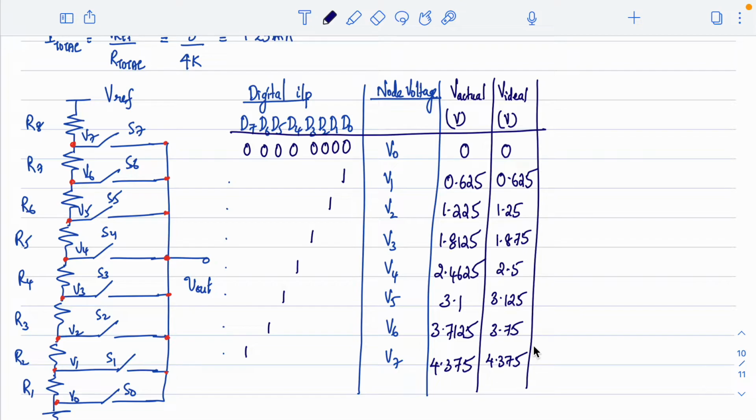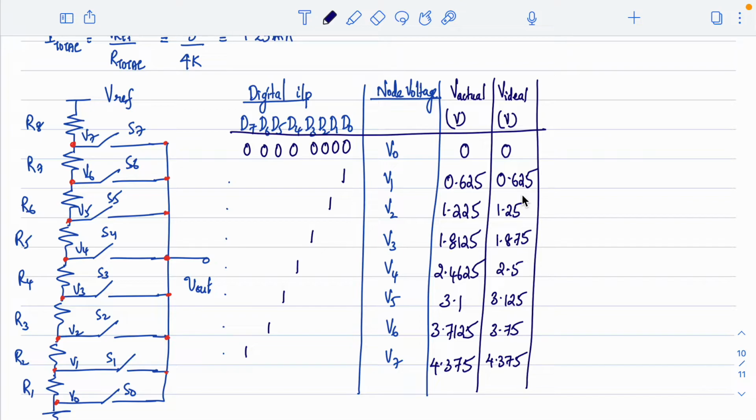To get the ideal values, once you write the first value, you can keep adding 0.625 to that, because ideally we expect uniform step height. So you add 0.625 and write the rest of the values. So you'll get the ideal values.